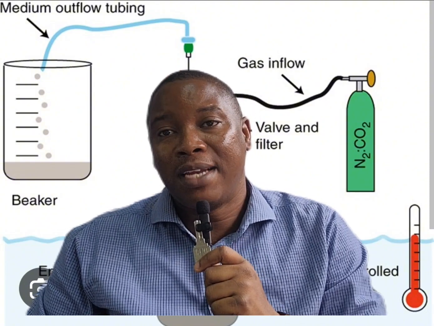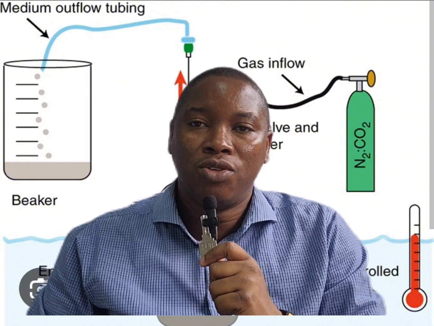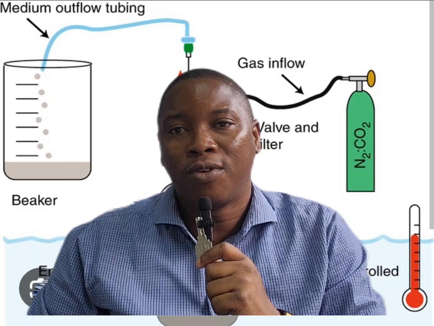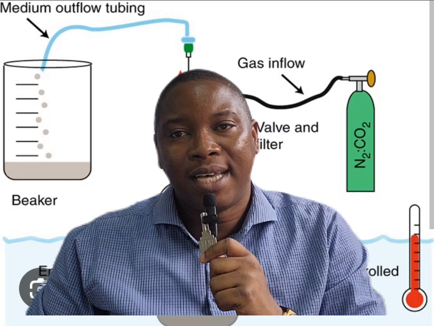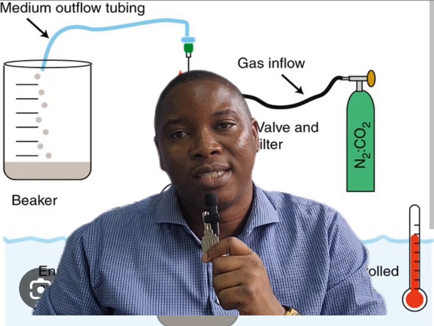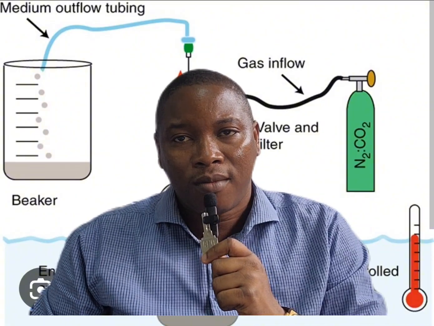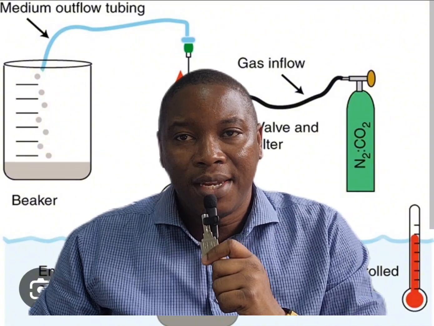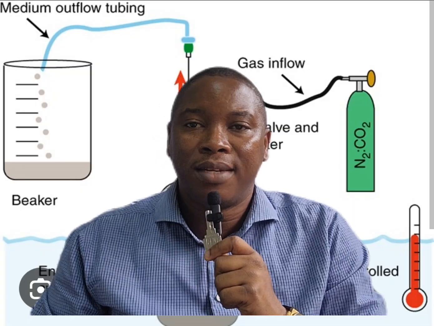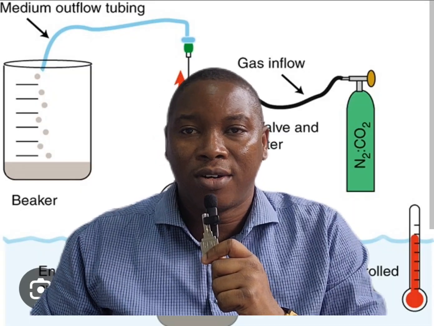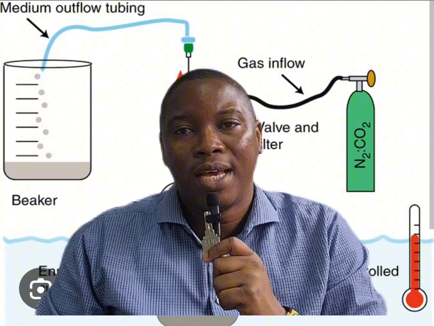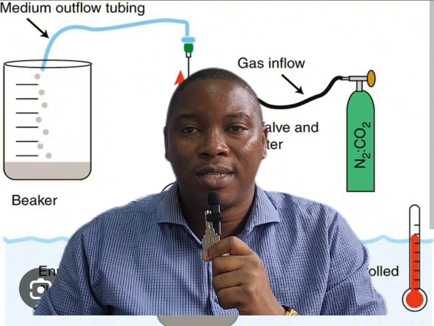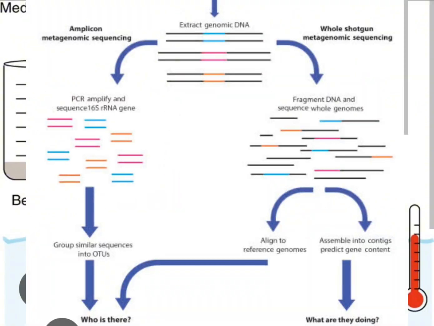You have media like mannitol salt agar, which we can use for isolation of Staphylococcus. These media are designed in such a way that their high salt content increases the salt concentration within the media, thereby making the media unfavorable for other organisms. So it reduces the competition and allows the growth of organisms that can survive in such conditions.